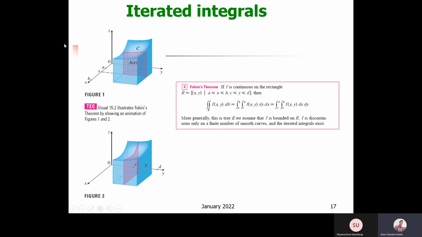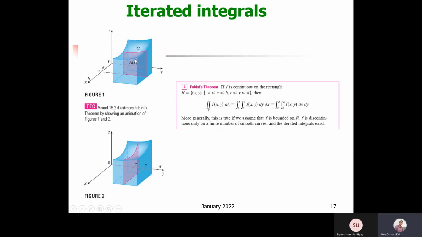Now here you can see the illustration of Fubini's theorem. When I keep x fixed, then integrating with respect to y gives me a function of x only. And that function of x you can consider to be the area of the region, which is nothing but a slice taken exactly at the location x. Yesterday we talked about the volume integral.